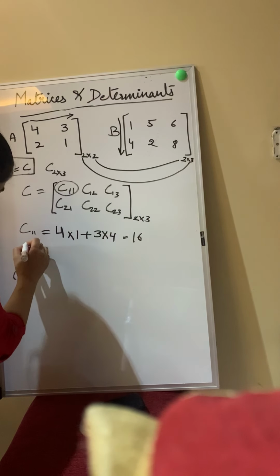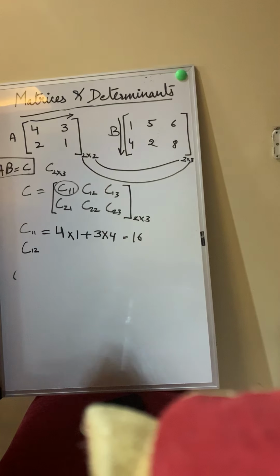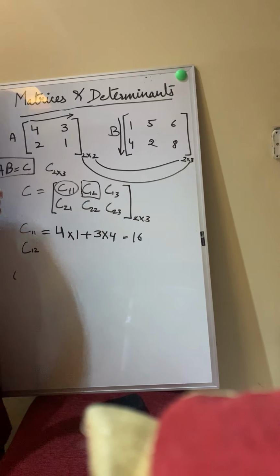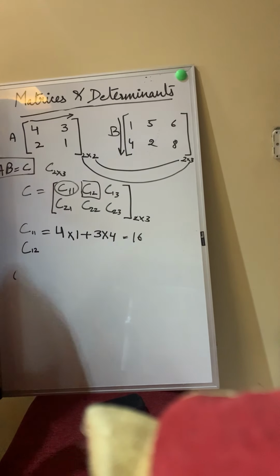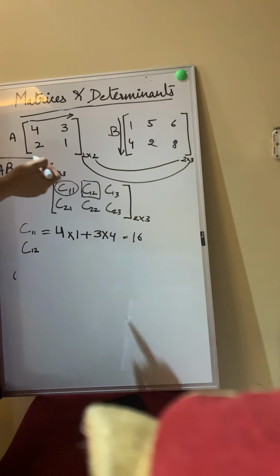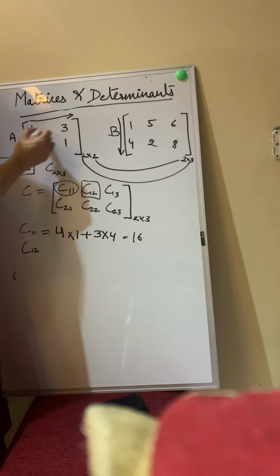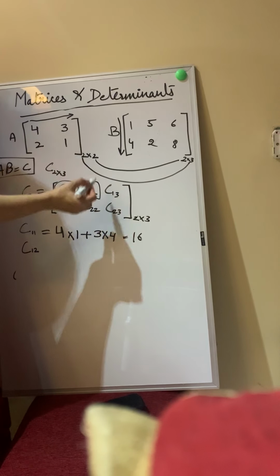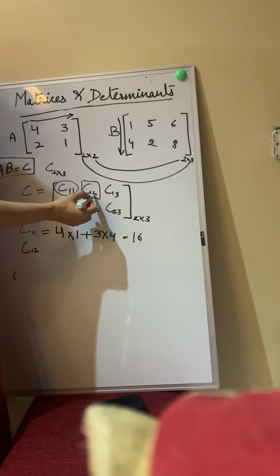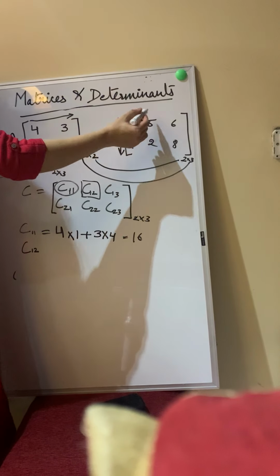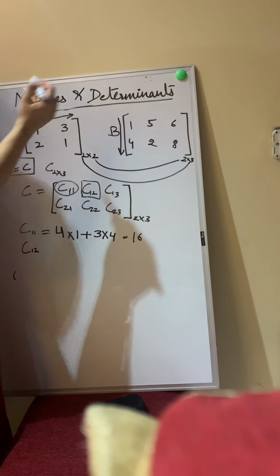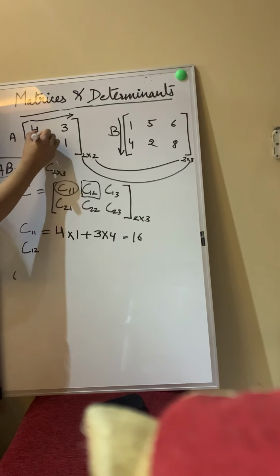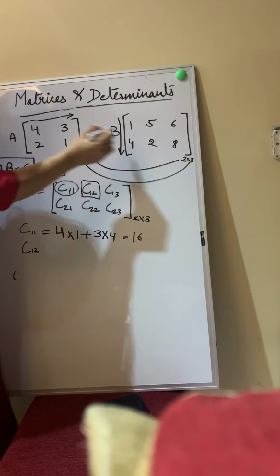Likewise, I am calculating the value of C12 now. I have to take the first row, that means row 1, and the second column of B. So for C12, the value will be 4 into 5 plus 3 into 2.